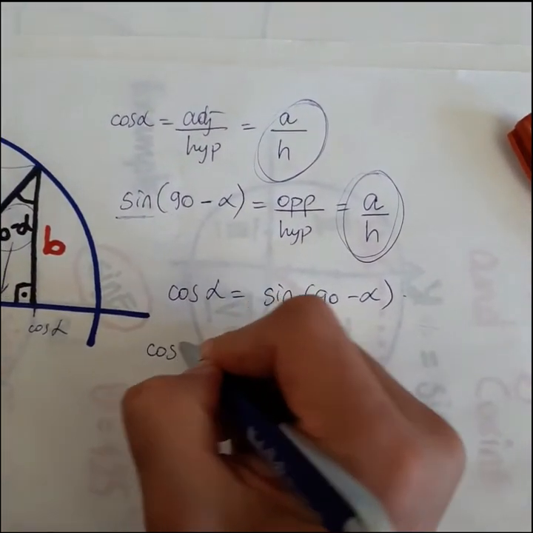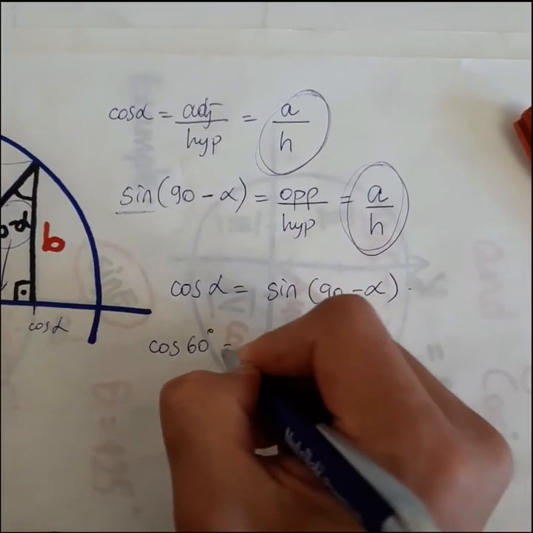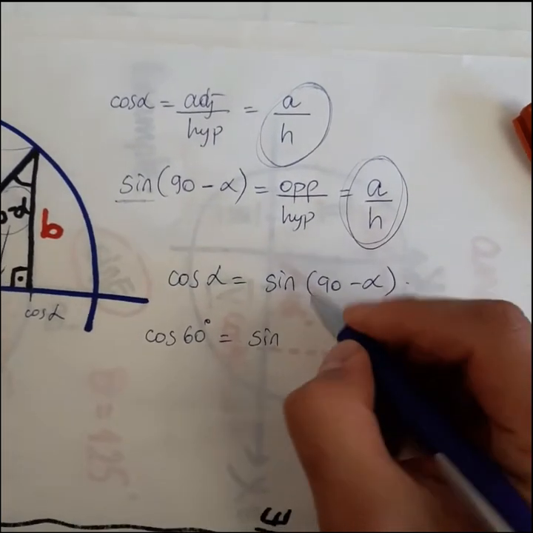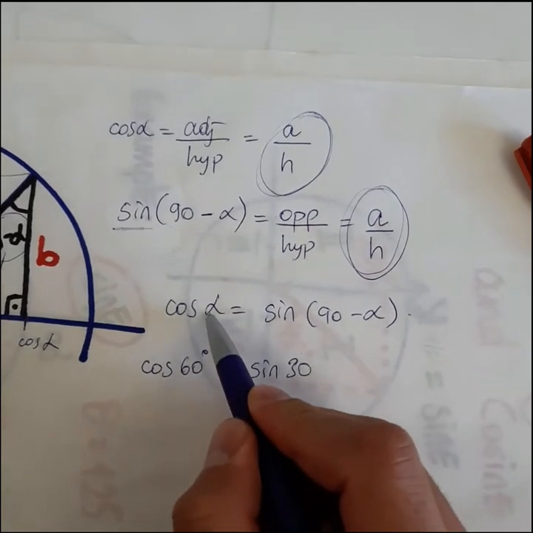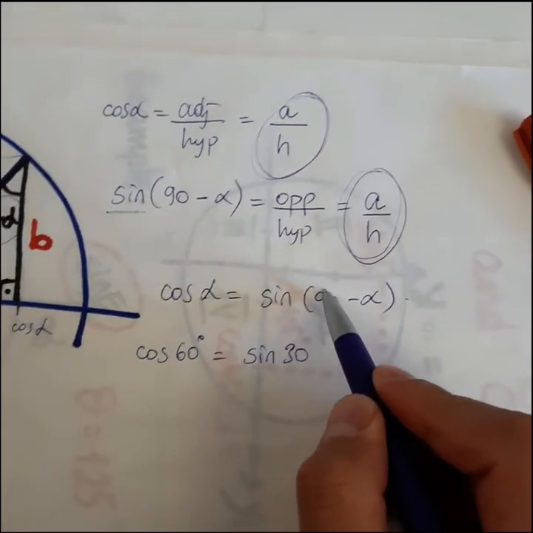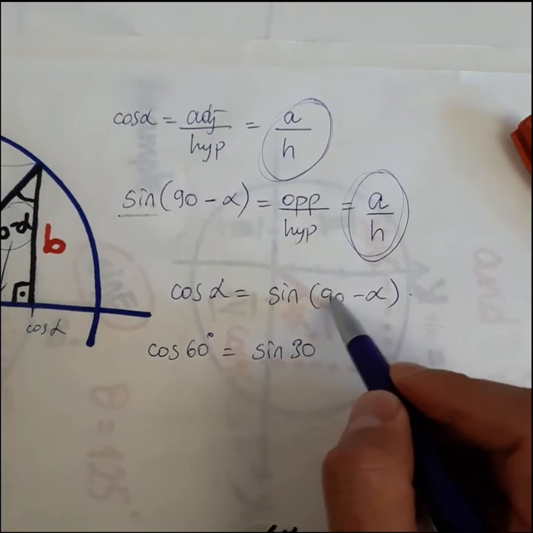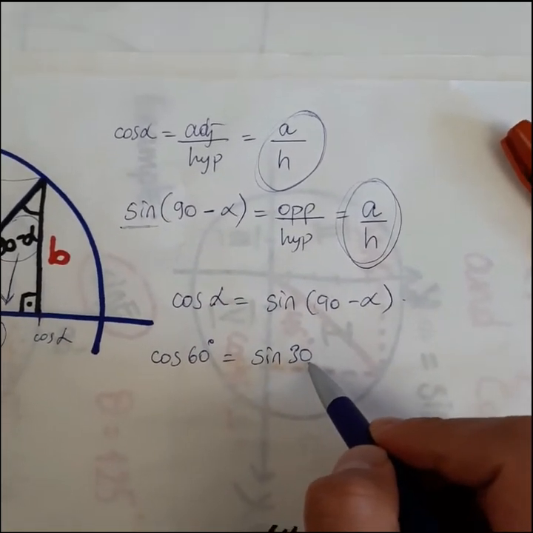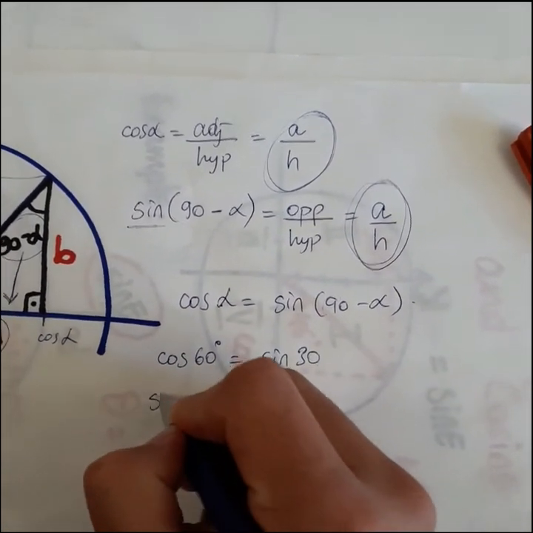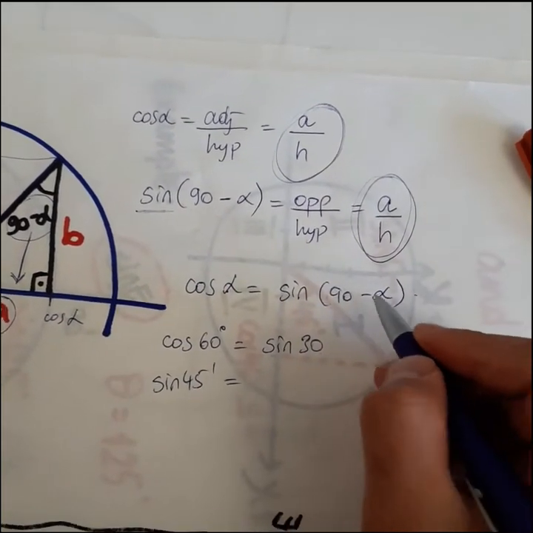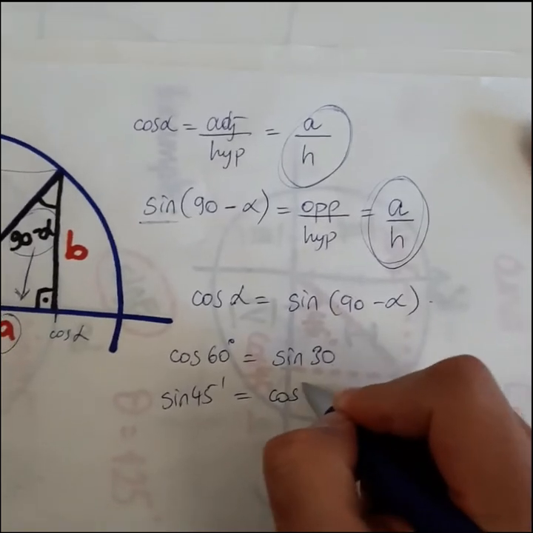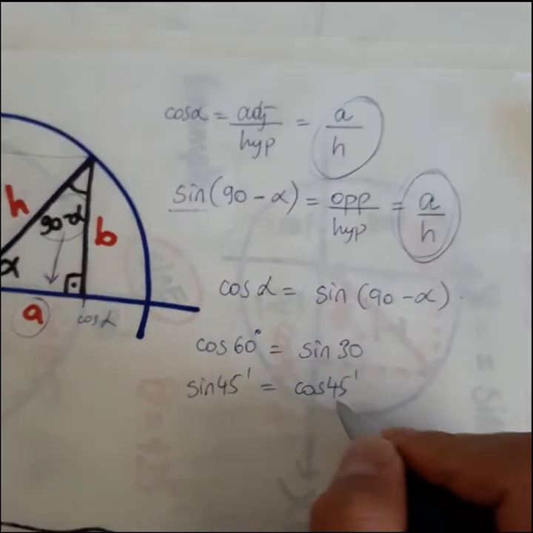For example, cosine 60 degrees is equal to sine 30 degrees, because if you subtract 60 from 90, we get 30. For example, sine 45 degrees is equal to sine of 90 minus 45, which is 45. So they are equal, guys.